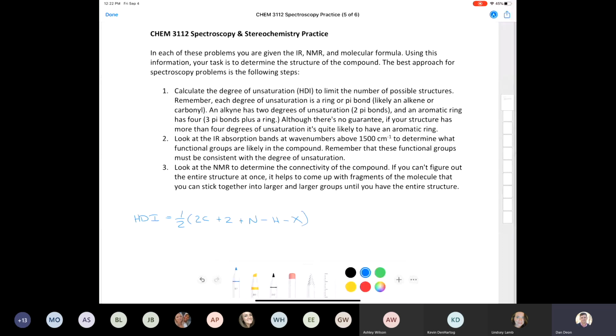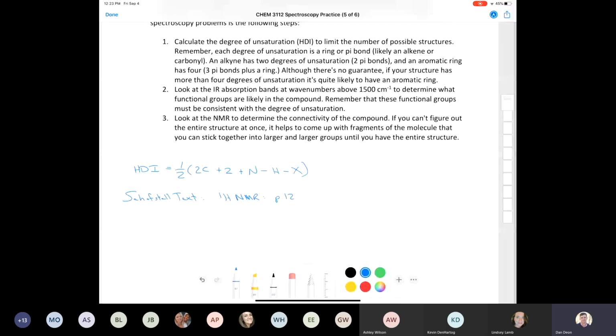Then it says to look at the IR absorption bands and NMR signals. Just as a reminder, if you have your Schaffstall book handy, in the Schaffstall text, if you're looking for NMR tables, they are found on page 129. If you're looking for the carbon-13 NMR tables, those are found on page 144.